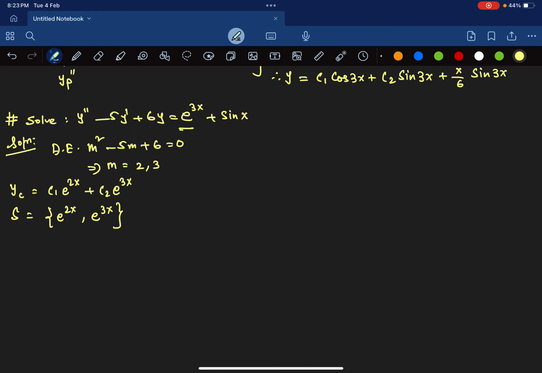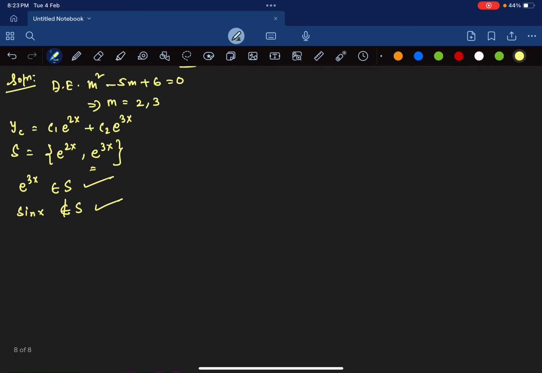Now observe carefully that e power 3x is present in S, but sine x is not present in the solution set. One part of the right hand side is present, another part is not present.